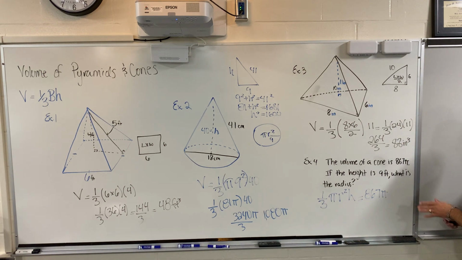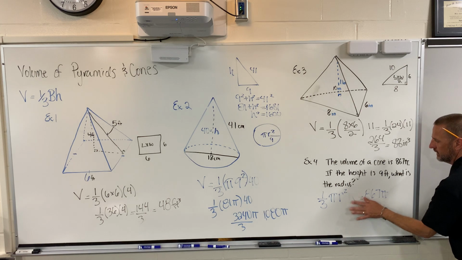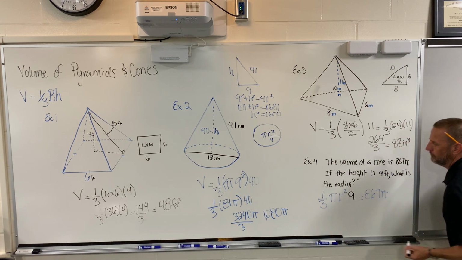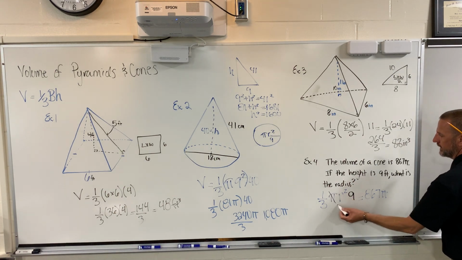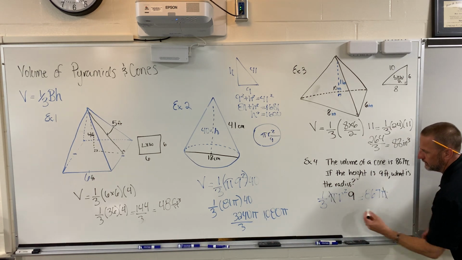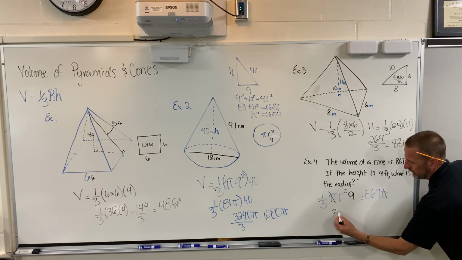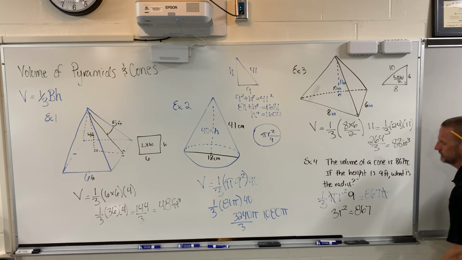Right away when I look at this, I can go ahead and plug in the first number. I know the height is 9, so I can erase the h and plug in a 9. The other thing I notice is I've got a pi on the left and a pi on the right. Those could cancel. Going back to please excuse my dear Aunt Sally, I've got 1 times 9 is 9, but when I divide it by 3, I end up with 3 r squared equals 867.